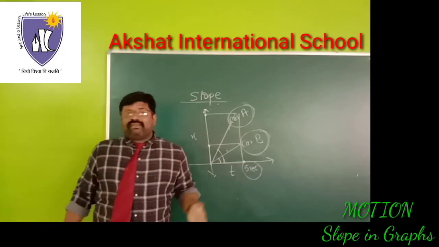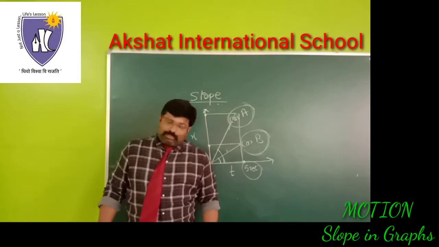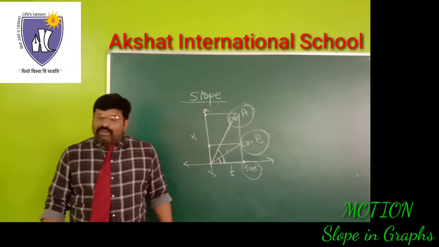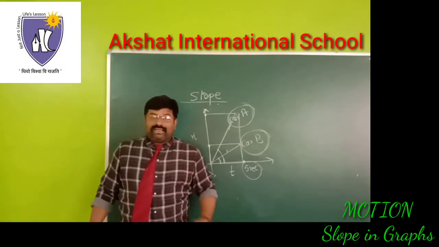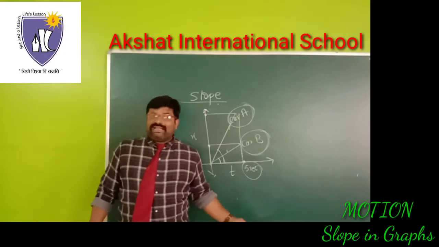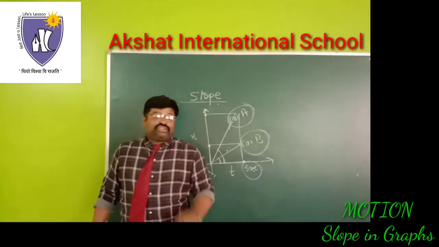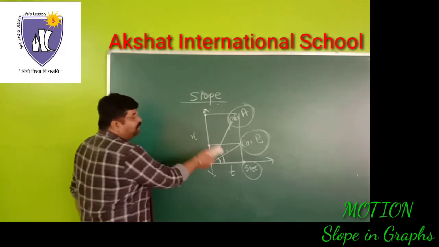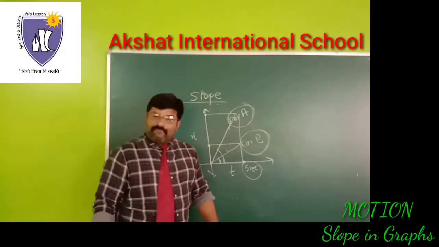So the slope of a distance time graph will represent speed, or if we have a displacement time graph, it will represent velocity. As we are studying only straight line motion in one direction, the speed and velocity will be the same if you are not changing the direction. So in a distance time graph, slope represents speed or velocity.